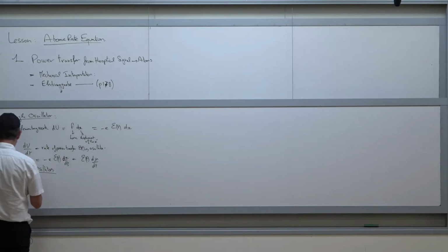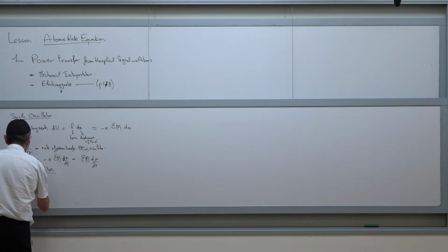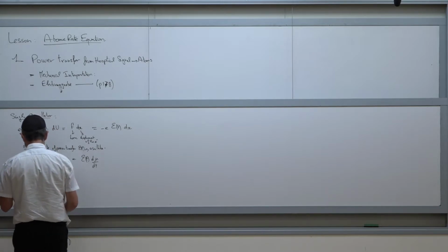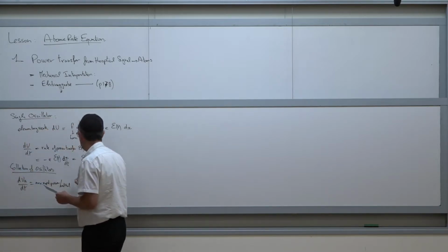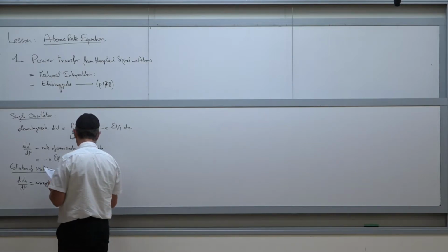I call that the average: du_a over dt is the average power per unit volume delivered by the field to the collection of atoms.